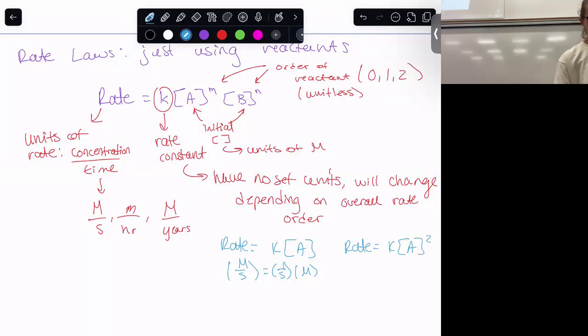What if we had a second order reaction where A is squared? We know that rate always has to be molarity over seconds. What is our unit for the concentration component now?